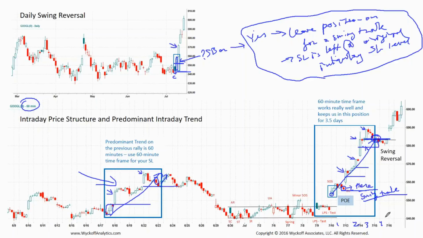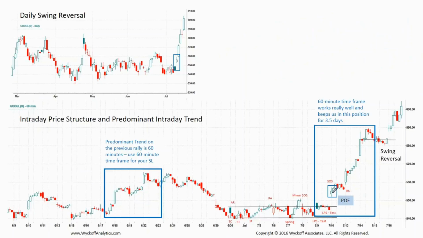Now think about the benefits of what we've done here with this switch to the swing trade. If we would have traded, we probably would have day traded this day somewhere here, this day somewhere here, and then this day, that would be the trade right here.